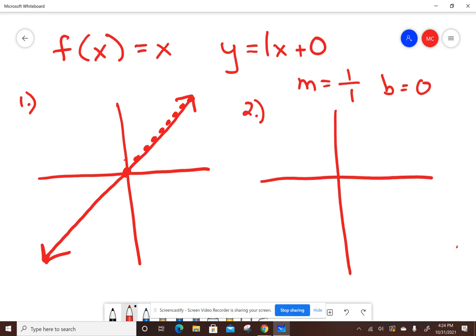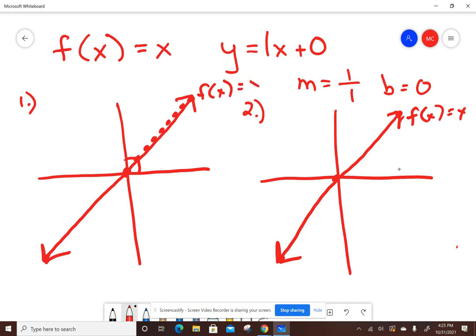Kind of looks like a 45-degree angle, because this is 90 degrees. So I'm going to put my point there, and my point there, connect my dots, and that's the parent linear function. So we can label that f of x equals x.